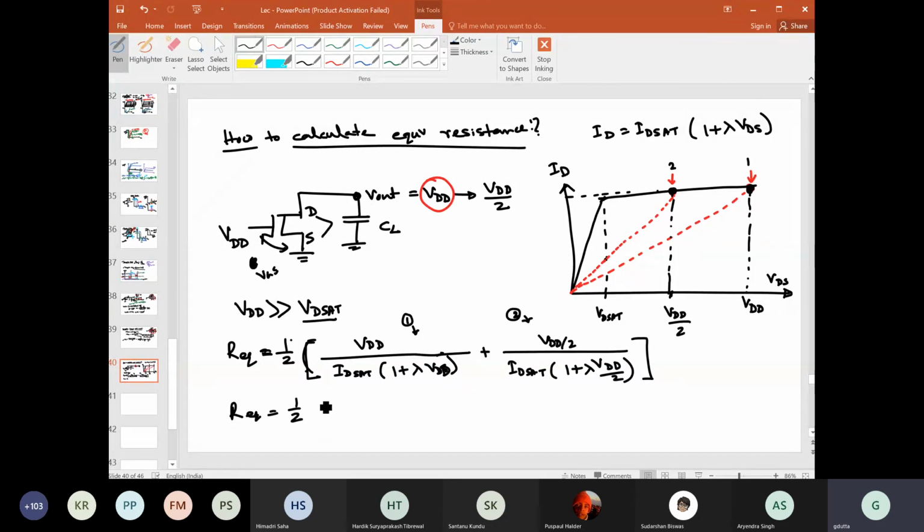Considering the time, I will write the final expression only, but please try that. So this R equivalent can be approximated as 3/4 VDD by ID sat into 1 minus 5/6 of lambda VDD.